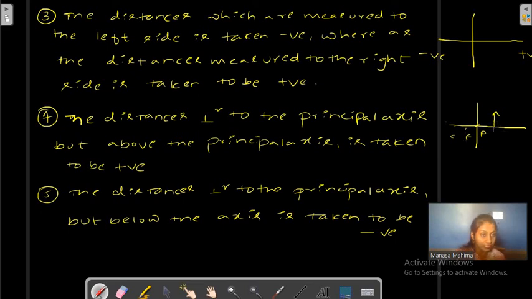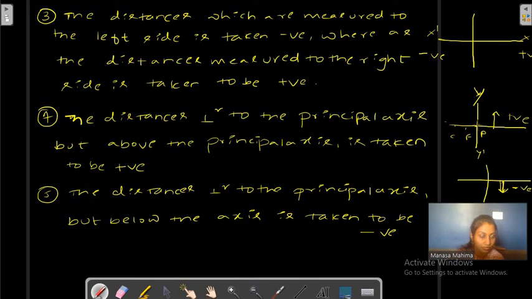And whatever distances are perpendicular to the principal axis but above the axis, we have to take as positive. But if I consider a point pointing downwards, then this distance is considered to be negative. I am talking here about the y-axis, and earlier about the x-axis, right?